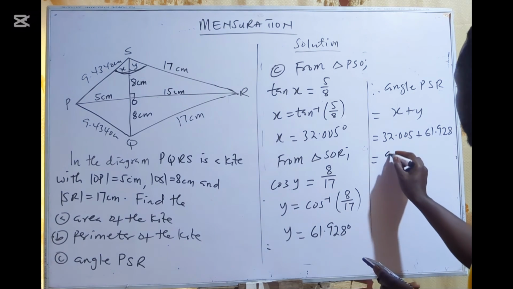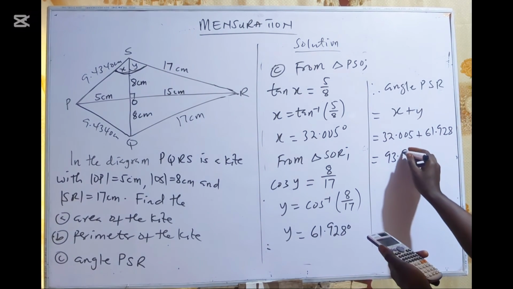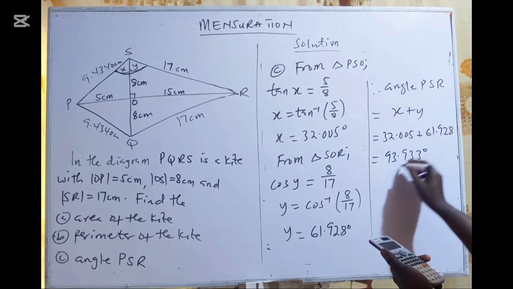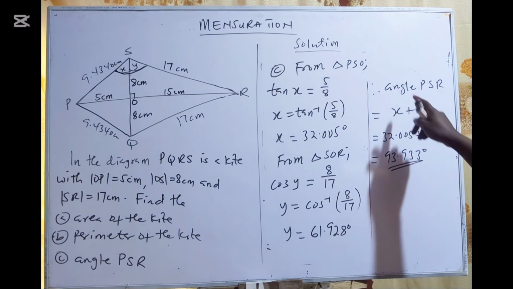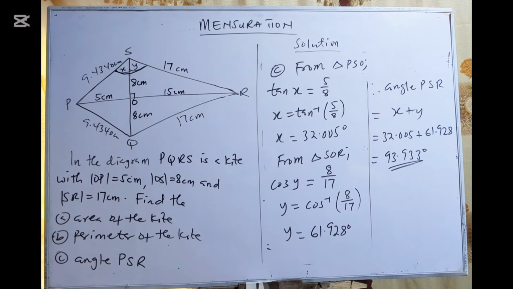That will give me 93.933 degrees. So our angle PSR is 93.933 degrees. Alright, so I believe you've got it. Okay, I'll see you again as we solve more questions. Bye bye.